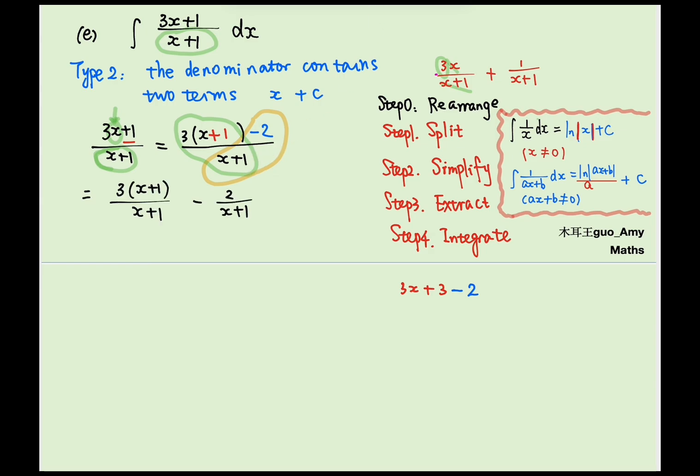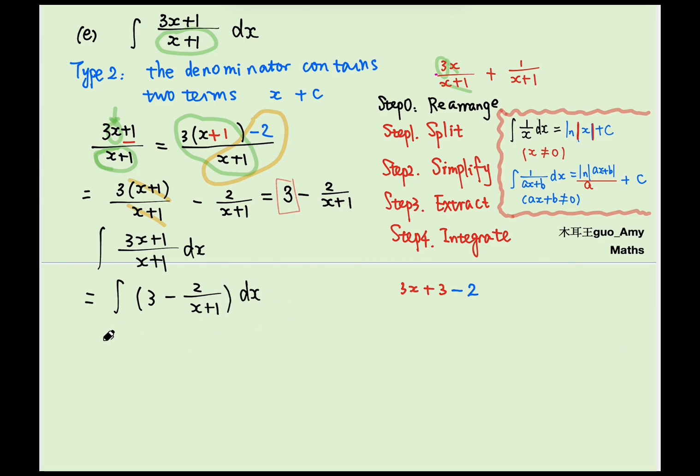We try to simplify. For the first fraction, x plus 1 cancels out. Extract a constant 3, then minus the second fraction, 2 over x plus 1. Now we will start to integrate. The integral is equal to the integral of 3 minus 2 over x plus 1 dx.